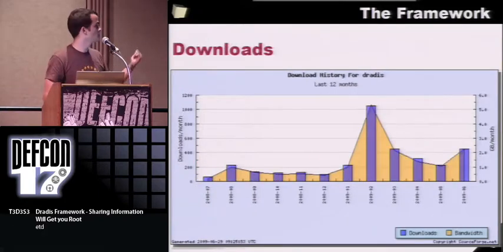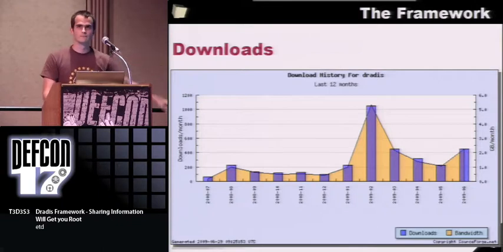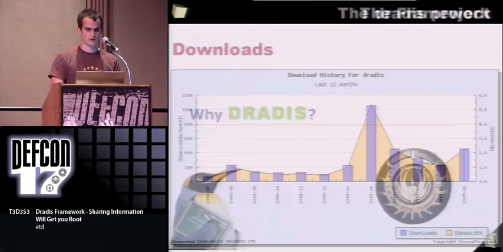This is a view of downloads from SourceForge. February is our highest ever, with 1,000 downloads, counting from the beginning in 2007. I think we started in summer, and we published on SourceForge in late December.